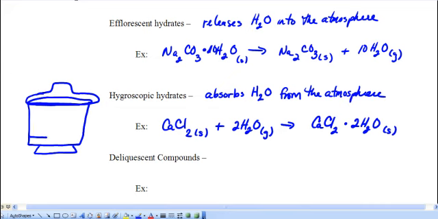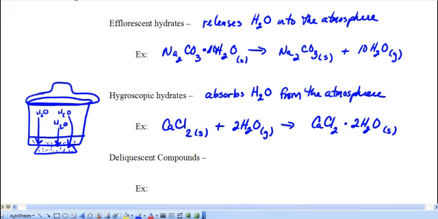And then there's a tray, and inside or underneath that tray is the desiccant, in this case calcium chloride. And so what can happen is, because this lid is sealed, any H2O moisture that's in this chamber gets absorbed down into the desiccant, and so it keeps anything that's in there very, very dry.